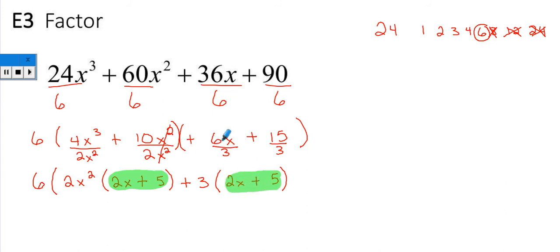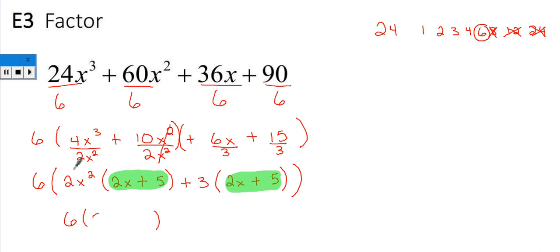Okay? But we have this extra parentheses here separating that GCF out in front. We need an extra parentheses back here in the back to close that out. That 6 is going to stay out in front. Then we write our common factor. What we're writing is the one in green.